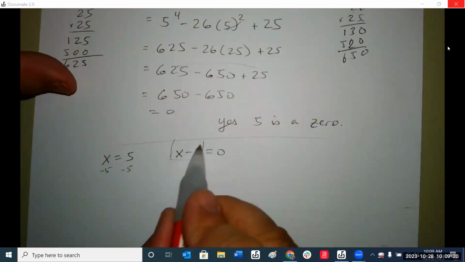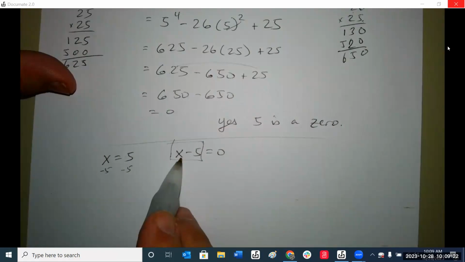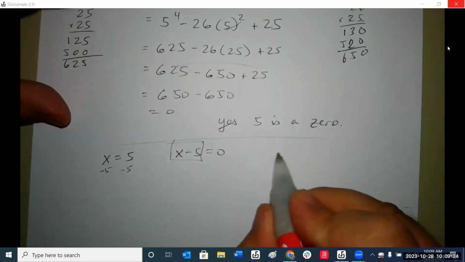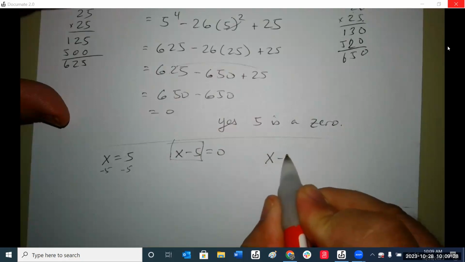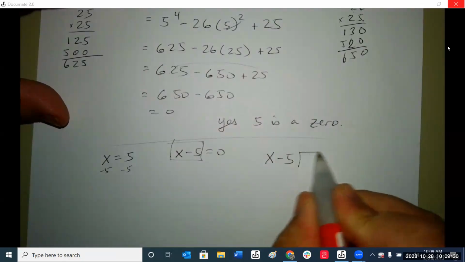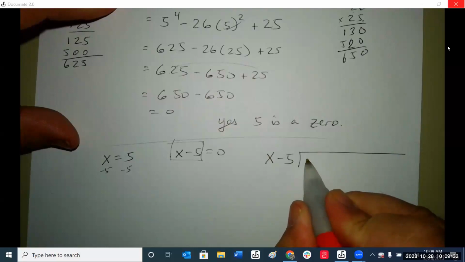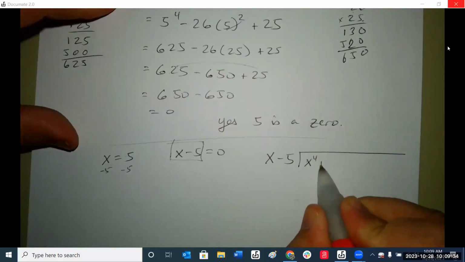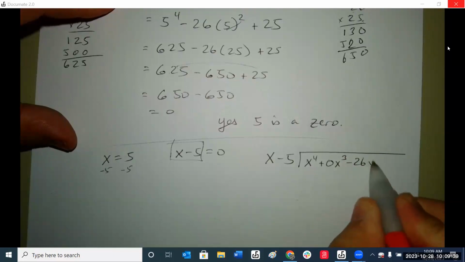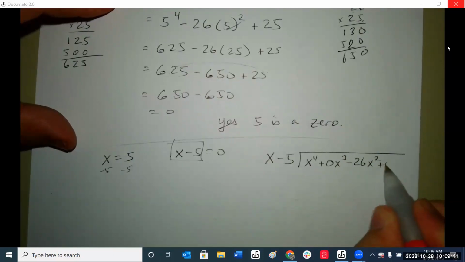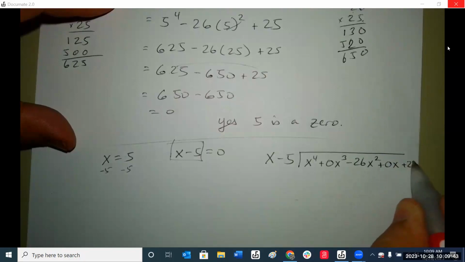So we can see that if that's a factor, then we can do long division. X to the 4th plus 0x to the 3rd, 26x squared plus 0x plus 25.